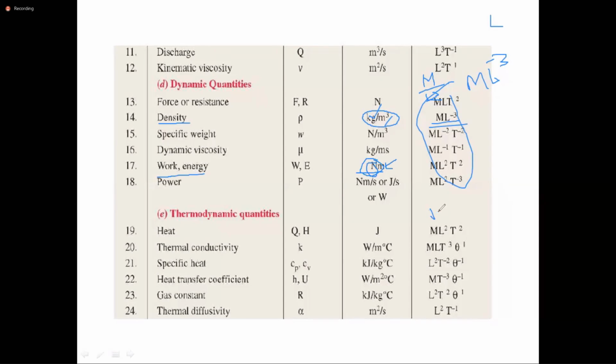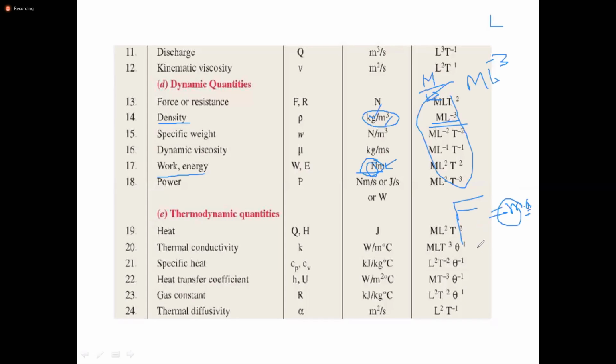Newton is equal to force. Force is mass into acceleration, F is equal to ma. Newton is equal to kg meter per second square. So F is nothing but kg into meter per second square.